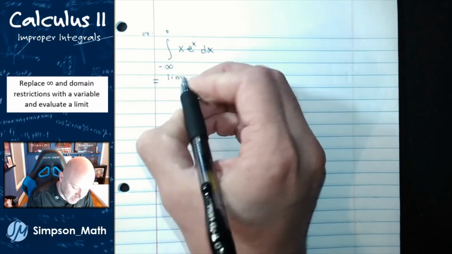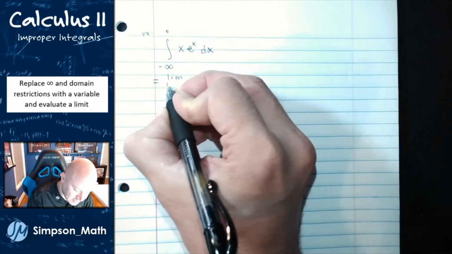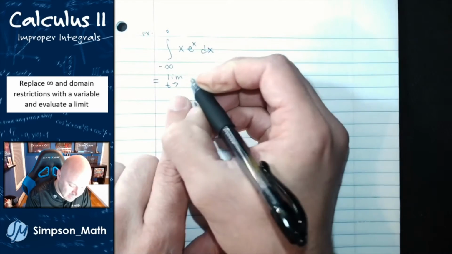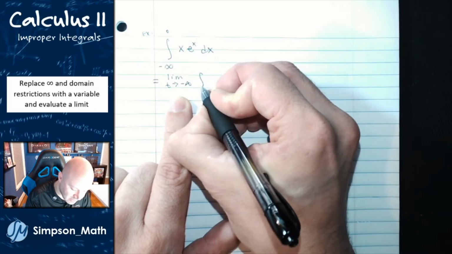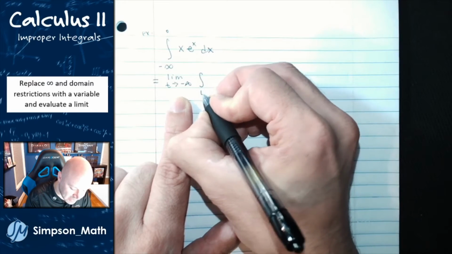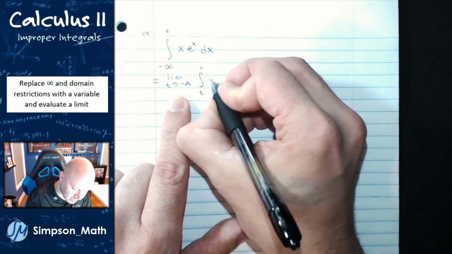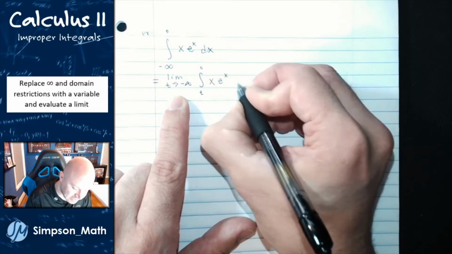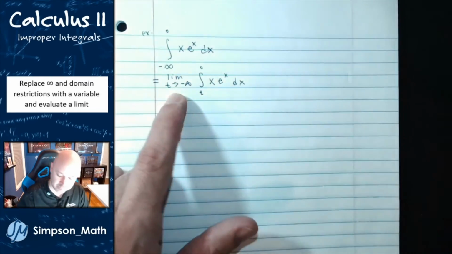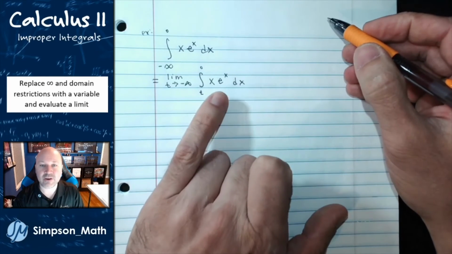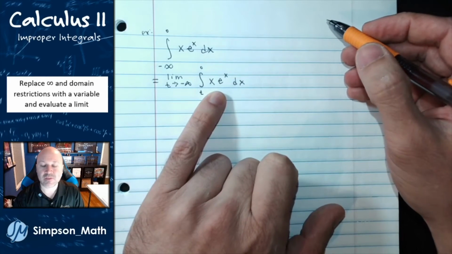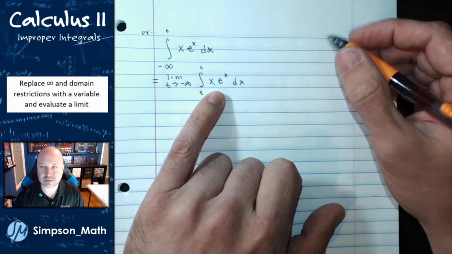I'm going to first rewrite my problem. I'll go back to t. The limit as t approaches negative infinity of this integral from t to 0 of x e to the x with respect to x. I'm going to go off to the side and see if I can figure out this integration. That is parts.